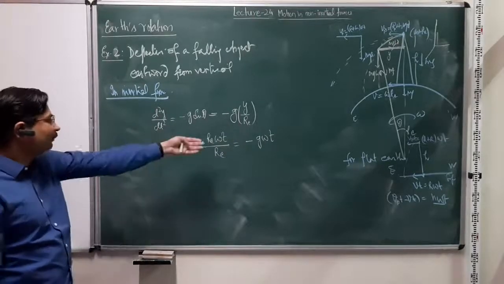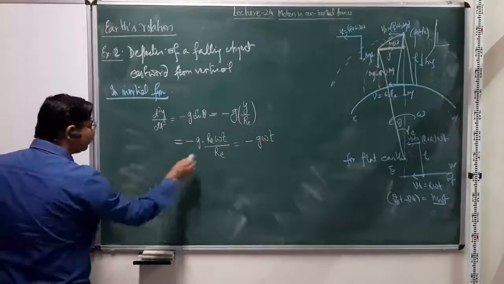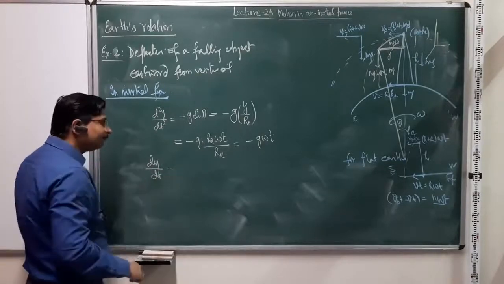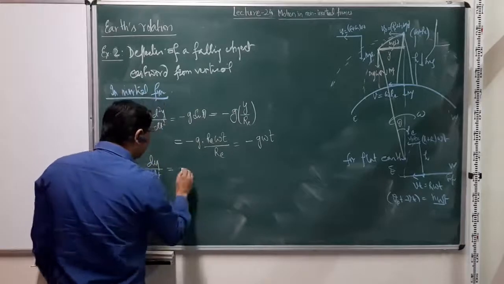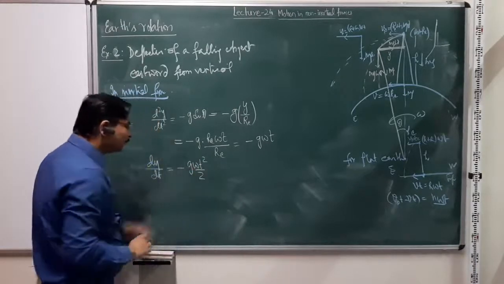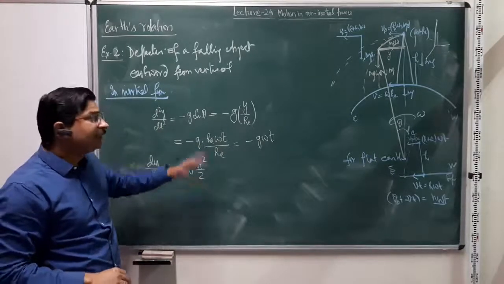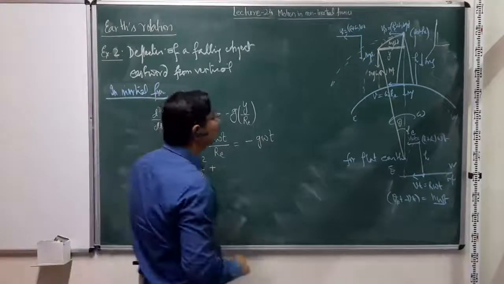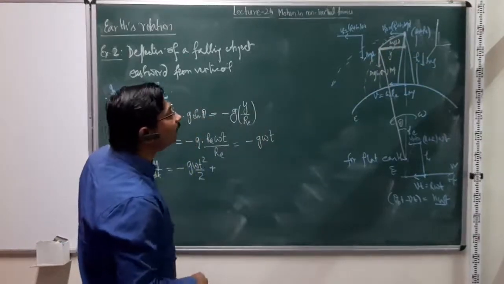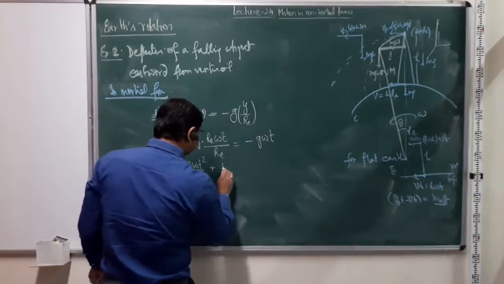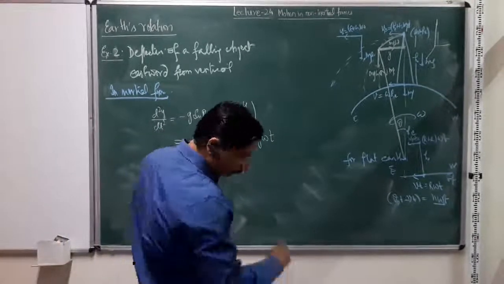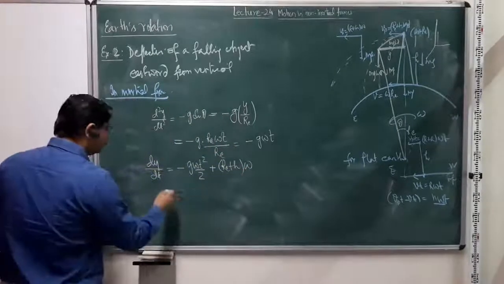Okay, d2y over dt2, we have found the acceleration. Now the analysis is the same, so we can find dy by dt by integrating this, right? What this gives me is minus g omega t square by 2 plus the constant of integration, which is the initial velocity. And what is the initial velocity? It's simply re plus h omega, right?